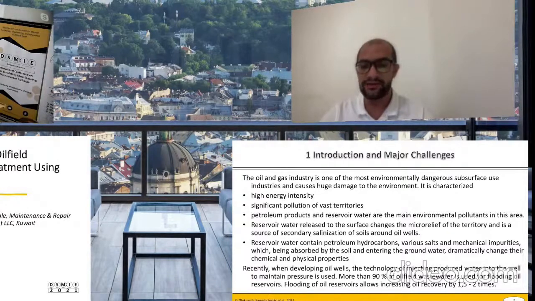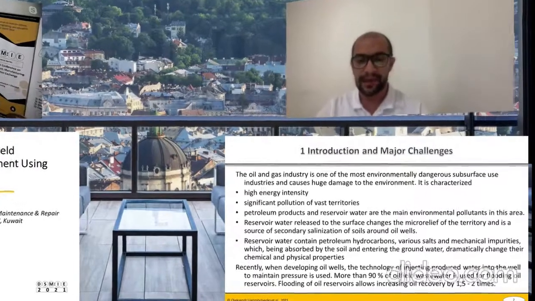Reservoir water released to the surface changes the micro relief of the territory, and it is a source of secondary salinization of soil around oil wells. Reservoir water contains petroleum hydrocarbons, various salts, and mechanical impurities, which, being absorbed by the soil and entering the groundwater, dramatically change their chemical and physical properties.